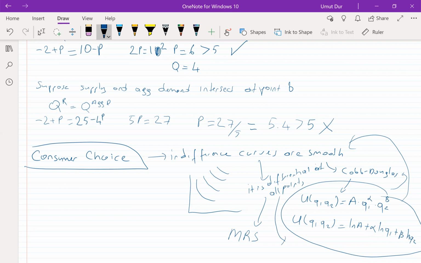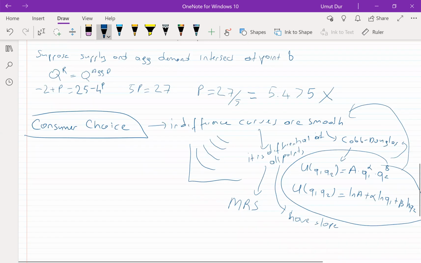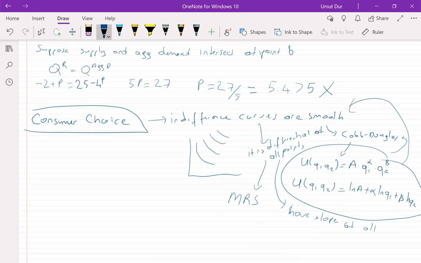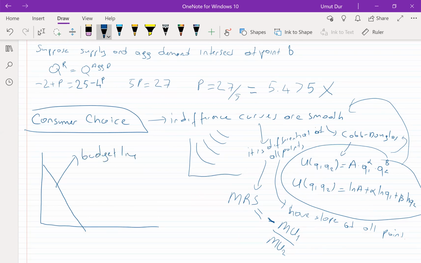The curves have a slope at all points, and we can use the marginal rate of substitution, which is the marginal utility of good 1 divided by the marginal utility of good 2. What we also have is the budget line, and the slope of the budget line is minus P1 over P2.